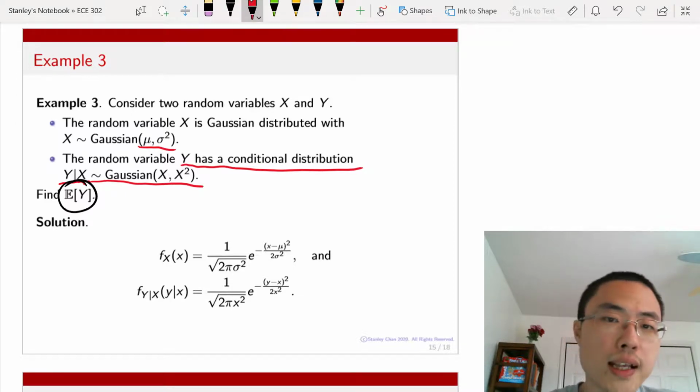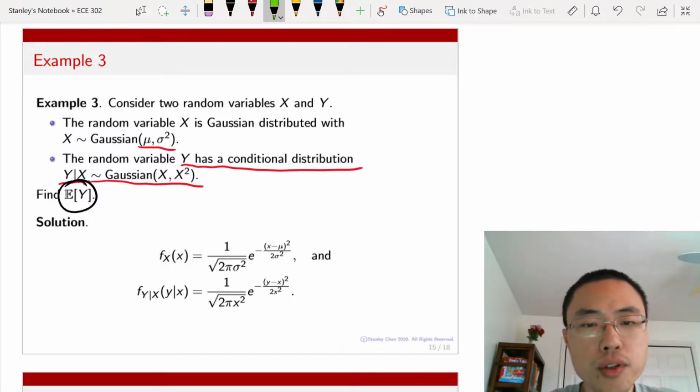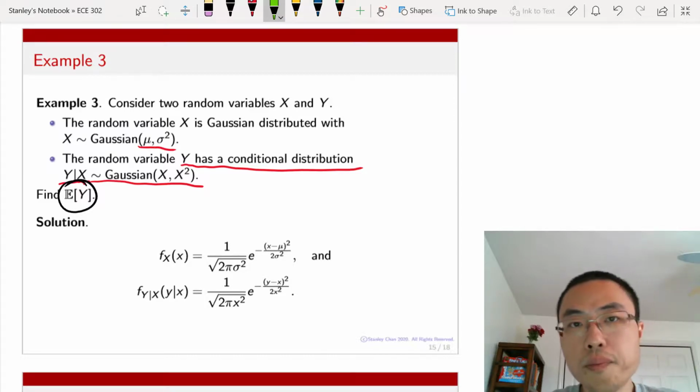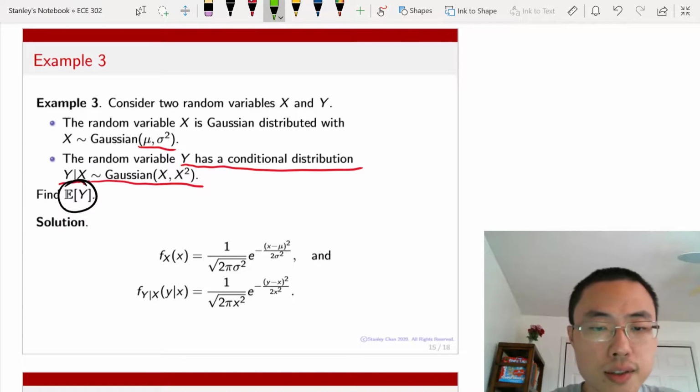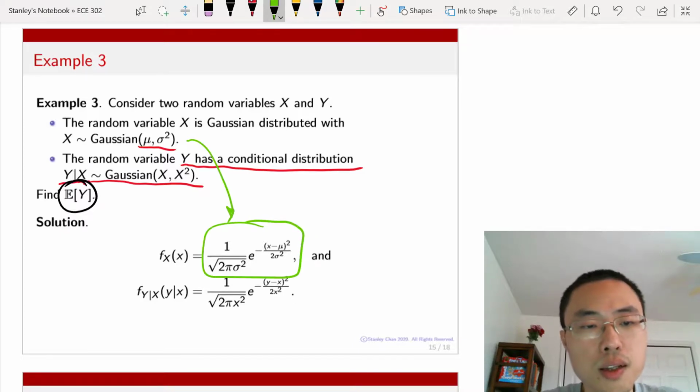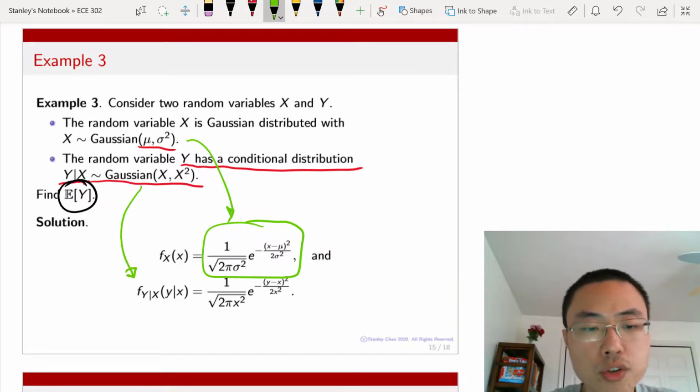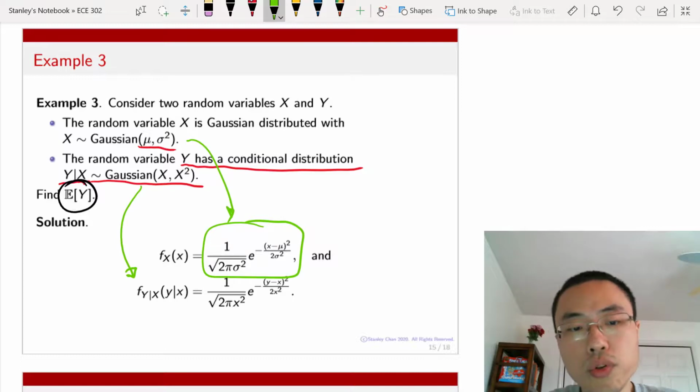So before we do anything, we can write down the equations for these two cases. The first case is just the ordinary PDF for x, and that is easy. That's just the Gaussian. That comes from here. The other distribution here would be y given x, so it has to be the conditional distribution of y given x.